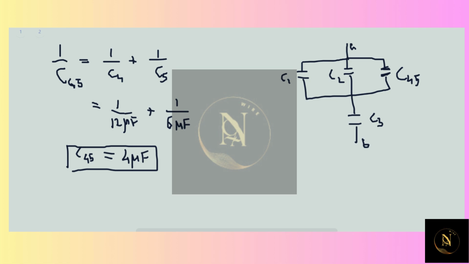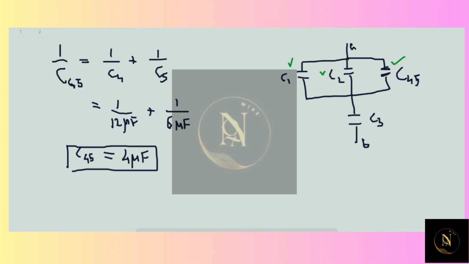Good. So now we have C1, C2 and C45, which are connected in parallel.